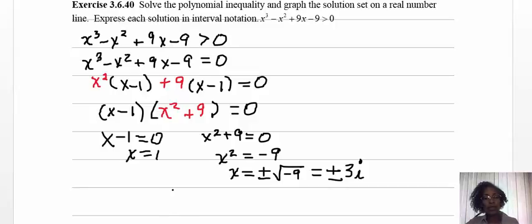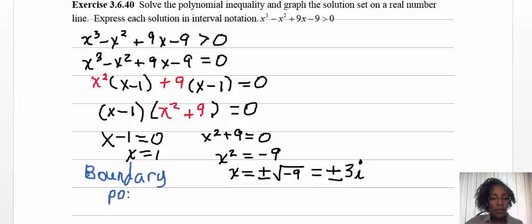And remember, only real solutions are going to be boundary points. So I wind up with exactly one real solution, and that is my only boundary point, x equal to 1.